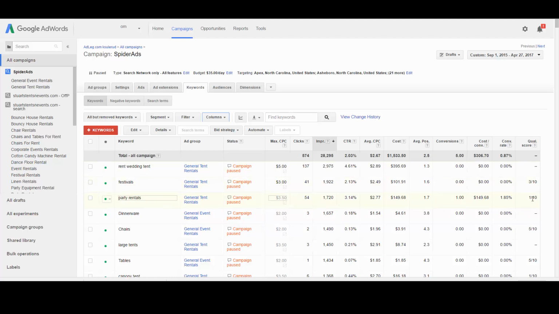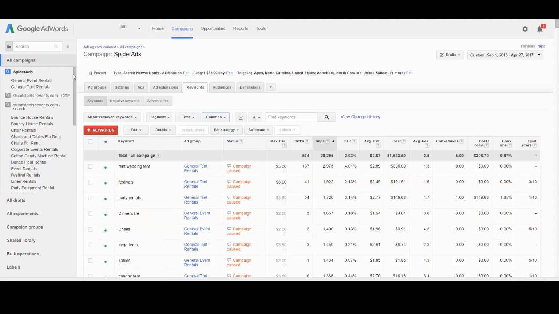So this quality score you see here isn't necessarily going to be the quality score that's calculated at that time for that specific search. But this can give you a guide, especially if you're seeing low quality scores here. That means you have some things to improve. So let's take a look.